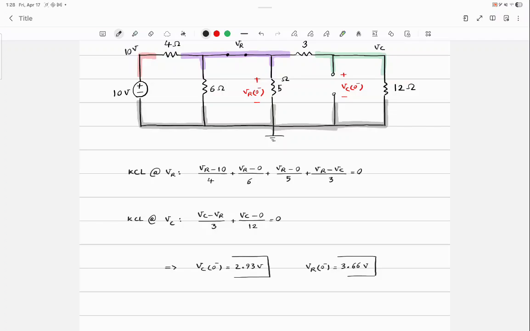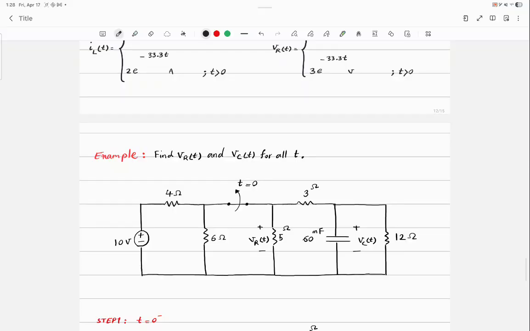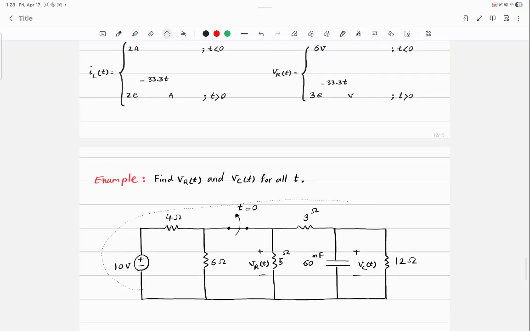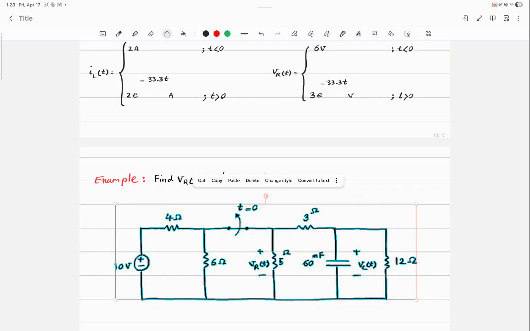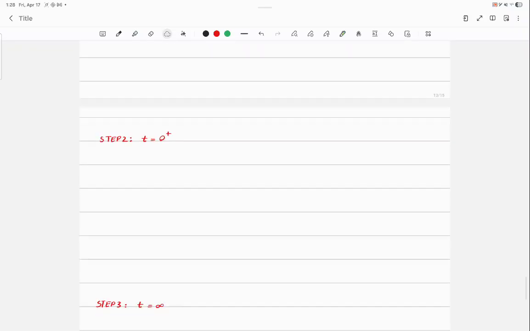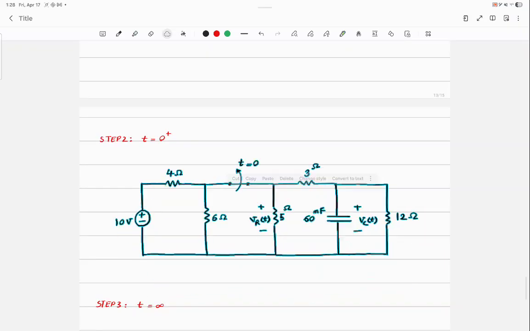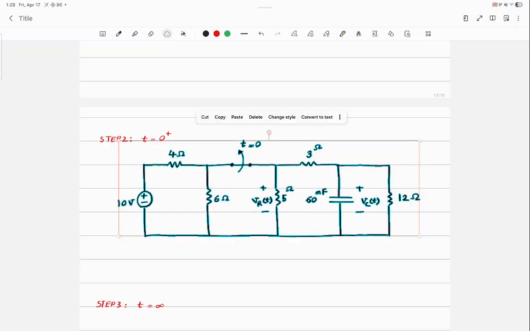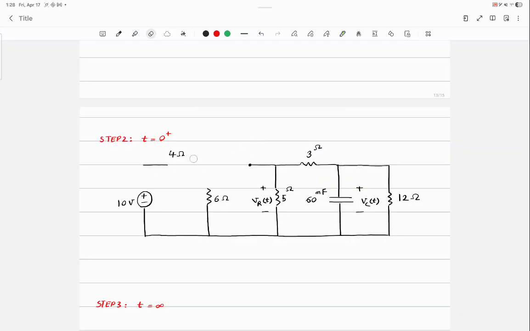Okay. Let's go to step 2. Look, you want to do it? Step 2. First of all, I'm going to help you. The switch gets opened, so I remove the left part of the circuit completely.